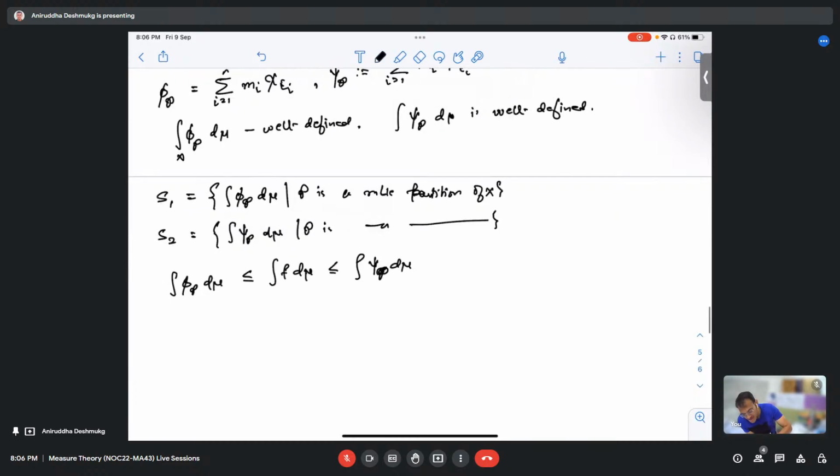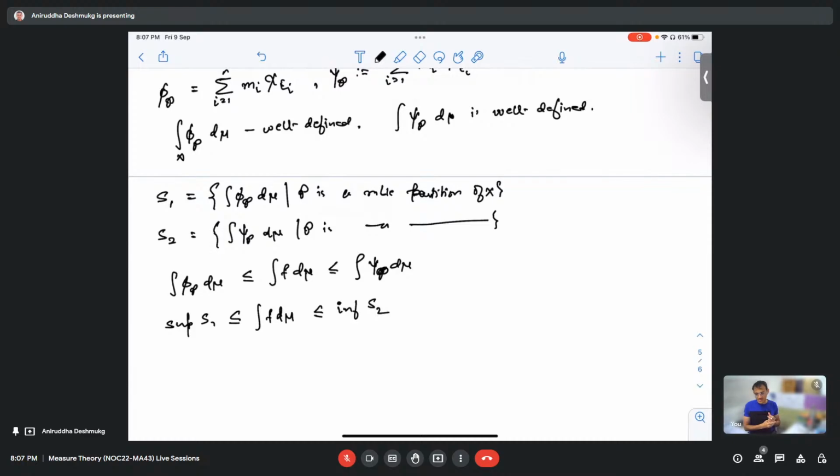Now we have this. Therefore, the supremum of S1 is less than or equal to the integral of f d mu, and this is less than or equal to the infimum of S2. Do you agree with this? In S1, P is a measurable partition of X, and P is varying, so I can take the supremum over all those P's.